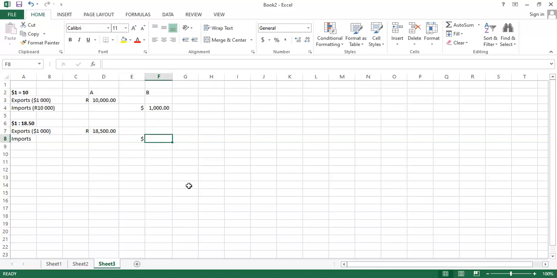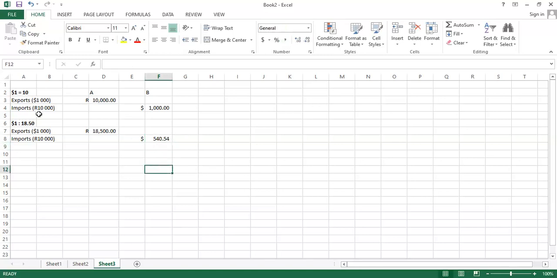But if you look at the import industry, with the given 10,000 rands, how much are we now able to buy? It's only 10,000 divided by 18.50. So we are buying a lot less, close to half of the amount that we were before. So 540.54.